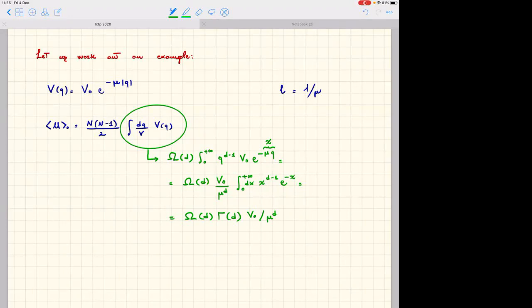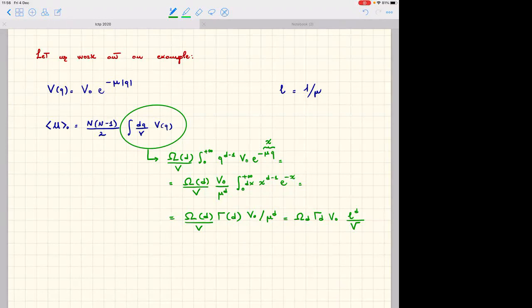Oh, sorry, I apologize. I have to divide everything by the volume. I forgot the volume at all stages. So at the end of the day, I can rewrite this as omega d gamma d, then v naught, and then L to the power d divided by V, where V is the volume.